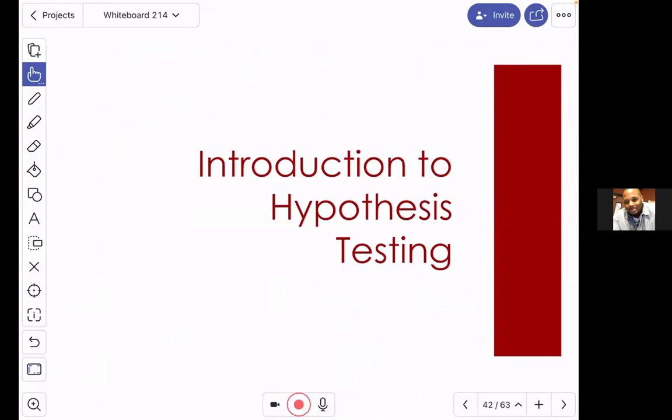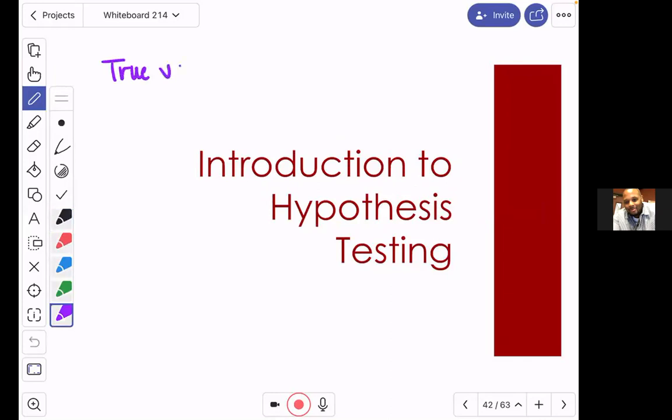In a hypothesis test, there is some claim that has been made about the true value. And we call the true value, by the way, a parameter. So the true value of the population is called a parameter.